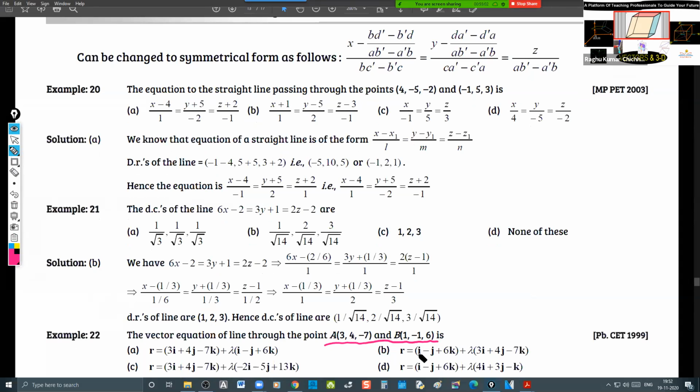And second option contains 1 minus 1, 6. Okay, you can take this also. But the difference must be 1 minus 3, minus 2, where is it? Yes, you have. And minus 5 you have. And 6 plus 7, 13 you have. So option is C here. Not the rest of them because you must have this difference. Wherever this difference is, it is nothing but the DRs of the line.